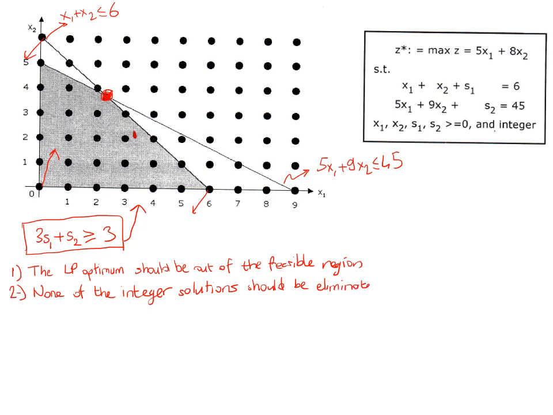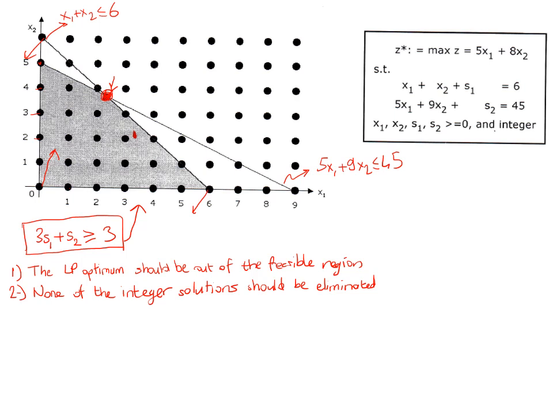So it means that this optimal solution should be out of the feasible region, but none of these integer solutions, these black spots here, none of them should be out of the feasible region with this cut that we are going to include. And let's see if it is the case.